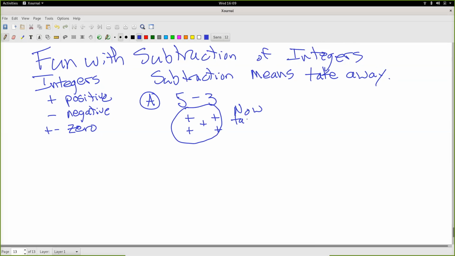Now, I want to take away 3. So I'm just going to redraw that. 1, 2, 3, 4, 5. And then to take them away, I could maybe circle them and say, take these guys away.